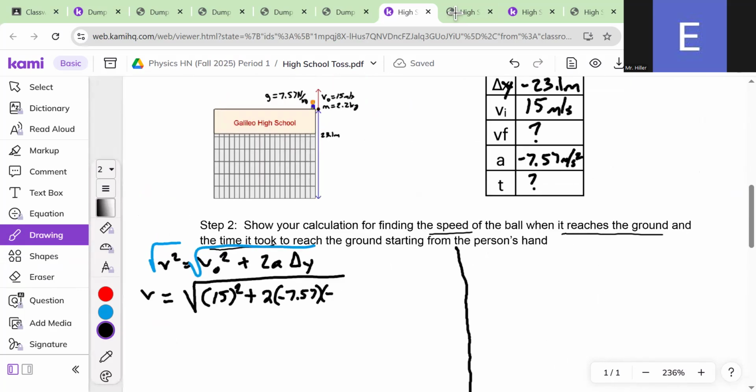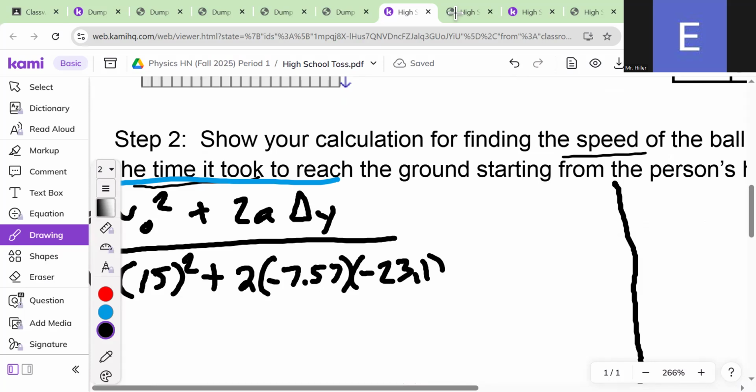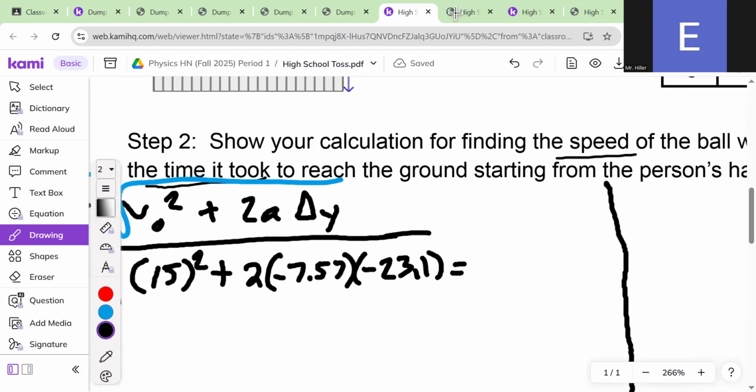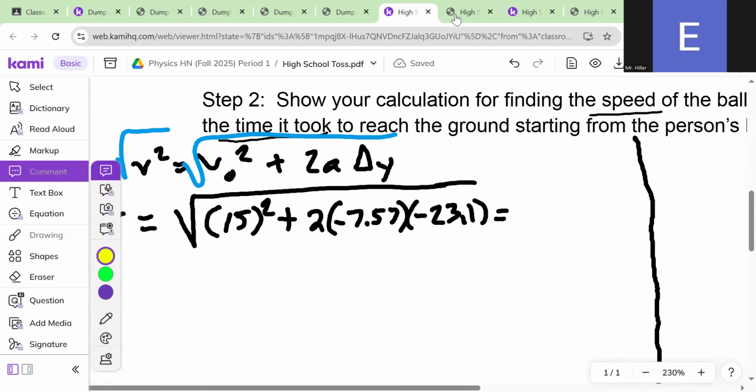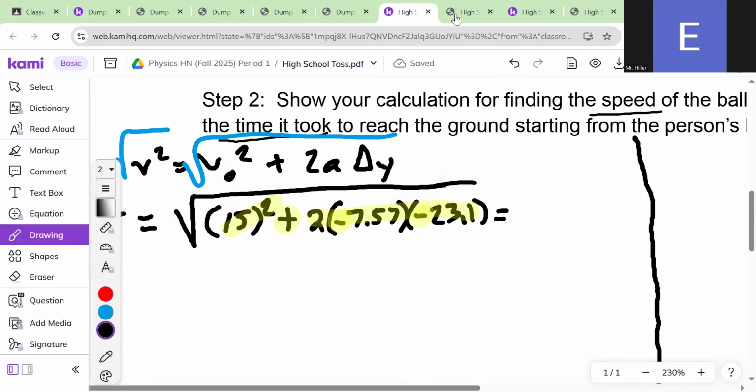That means the height that it fell from. Mine was 23.1. Notice, guys, little details matter. Notice the negative and the negative multiply to make a positive. So that means you will ultimately be adding 15 squared to whatever this is.